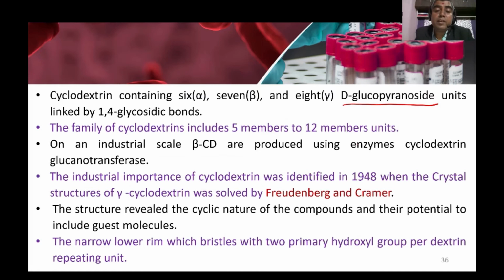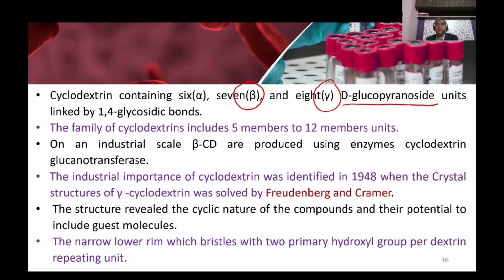When the cyclodextrin contains 6 D-glucopyranoside units, it is called alpha cyclodextrin. When it contains 7 glucopyranoside units, it is called beta cyclodextrin, and when it contains 8 D-glucopyranoside units, it is called gamma cyclodextrin. All these D-glucopyranoside units are linked by 1,4 glycosidic bonds.